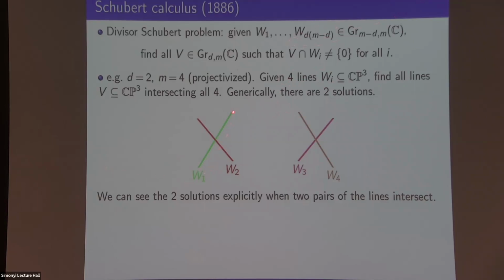For example, if W1 and W2 intersect and W3 and W4 intersect, there are still 2 solution lines and we can visualize them. So does anyone want to do the honors of pointing out at least one of the solution lines?